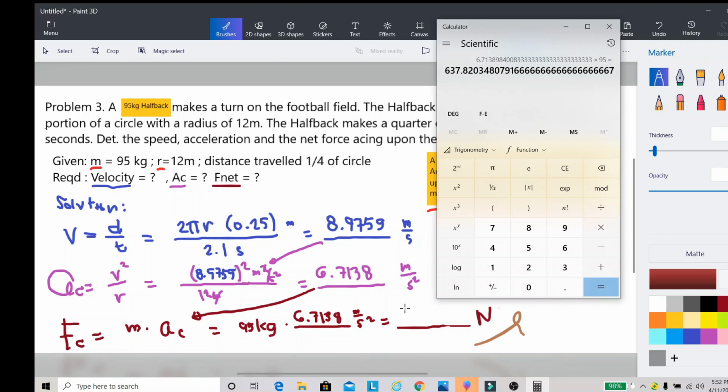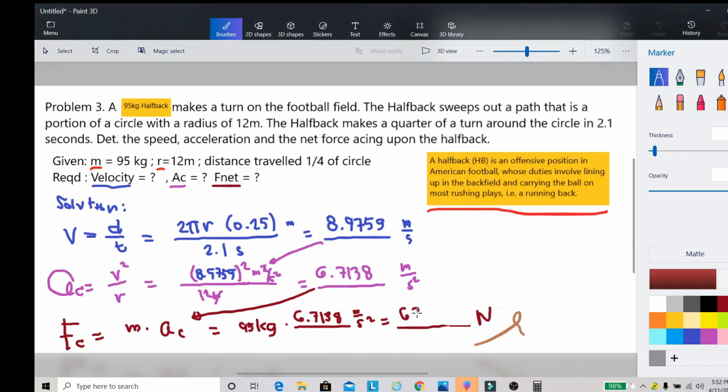We get 637.8203 in 4 decimal places. That will be in newtons. That is our answer.